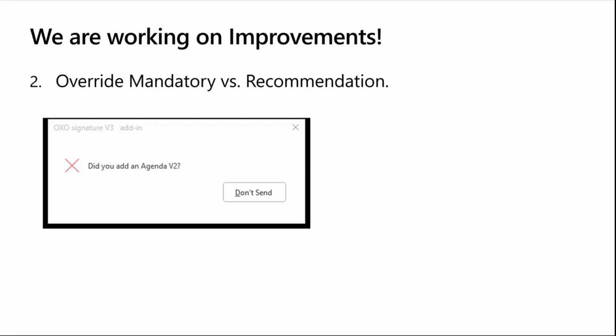Some of those policies require a mandatory change, and other policies are just a recommendation. So we're going to be adding an API so that at runtime, depending on what you're validating, you can show or not show the send anyway option here. That's going to give you flexibility in your add-ins to show or not show that option.